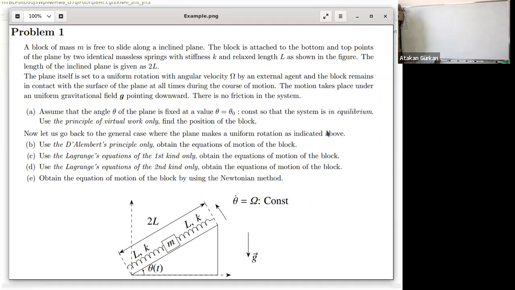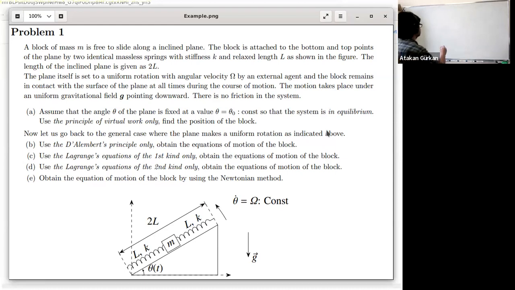So we have an inclined plane, but it's free to move around its connection point to the horizontal, and there is some agent that's actually rotating it, and there is a mass that's at the middle of this plane, and it's attached with springs to the two ends of the inclined plane, and at the center the springs are at equilibrium length, and the length of the plane is twice the equilibrium length of the springs.